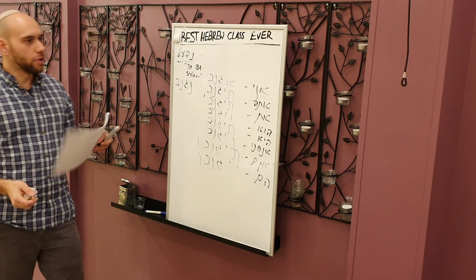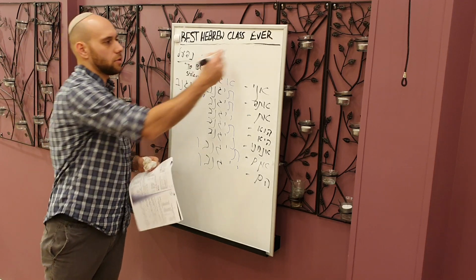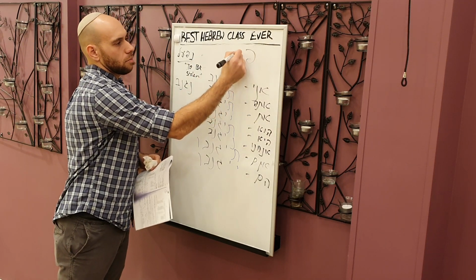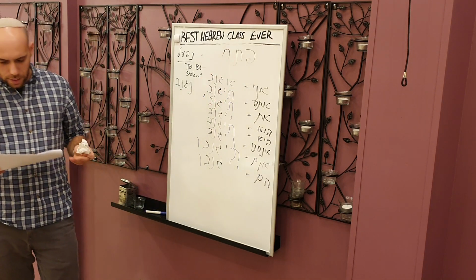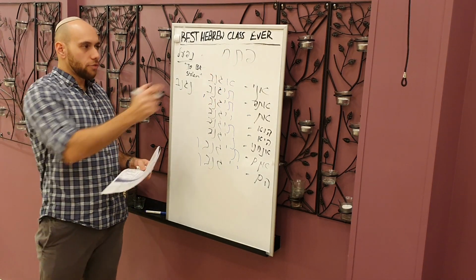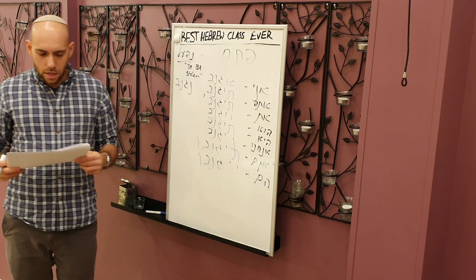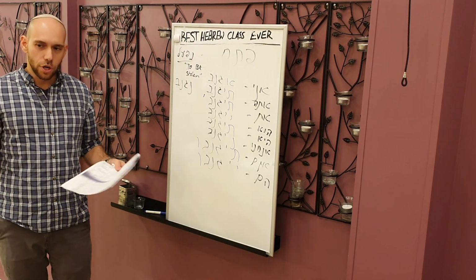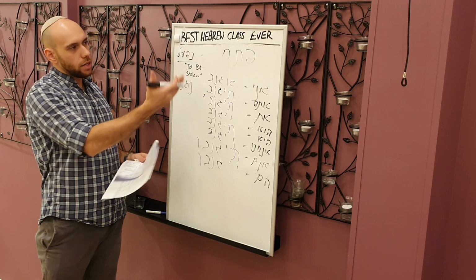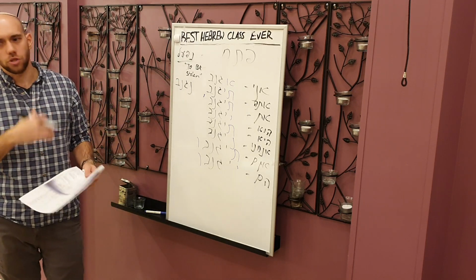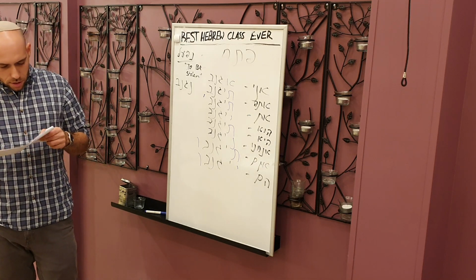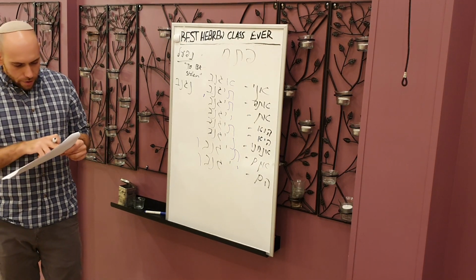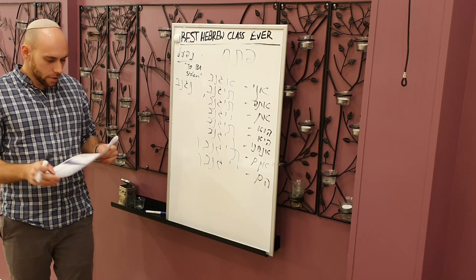This one needs to open. We're going to go back to this word: pey, tav, chet, patach. Same thing. Liftoach, to open. Lehipatach, to be open. Patach, he opened. Niftach, it was opened. Okay? So let's look at the future.